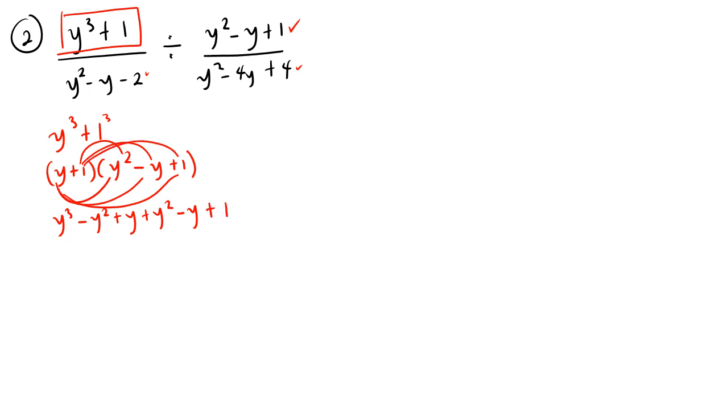And then you can see clearly how these opposites will go out quickly, and then you end up with y to the third power plus 1. Which means what we suggested was good. So y plus 1 multiplied by y squared minus y plus 1 will be the factored form of this result right here. So we're done with the red one.